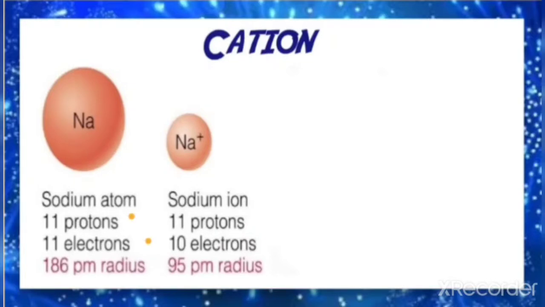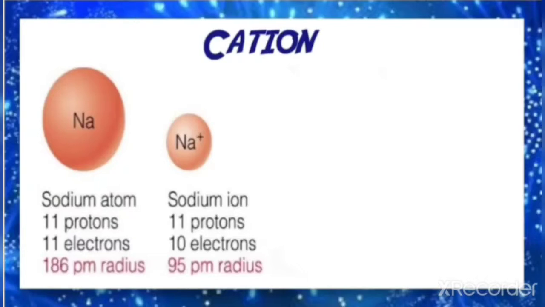In the case of the sodium ion, that is a cation, there are 11 protons and 10 electrons. So when you compare the number of electrons and protons, in the sodium atom they are the same, that means 11 positive charges and 11 negative charges.